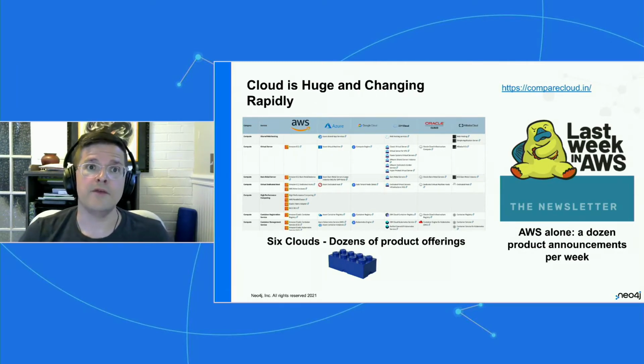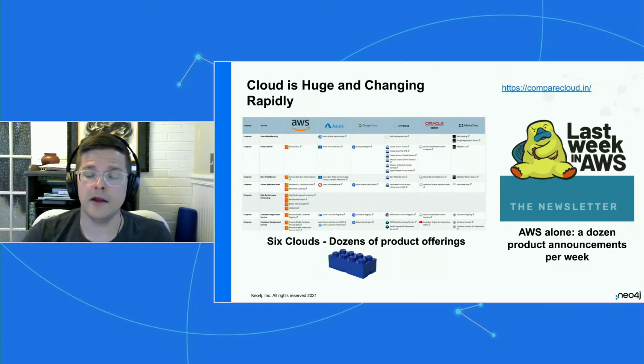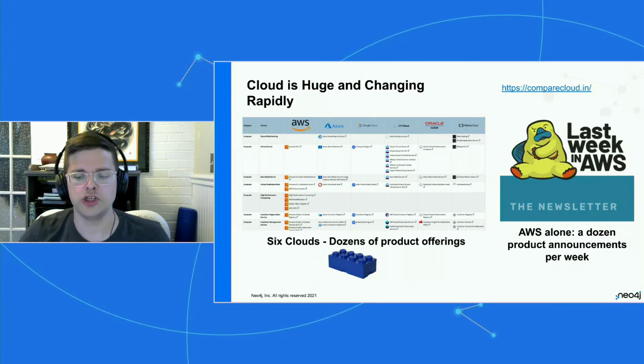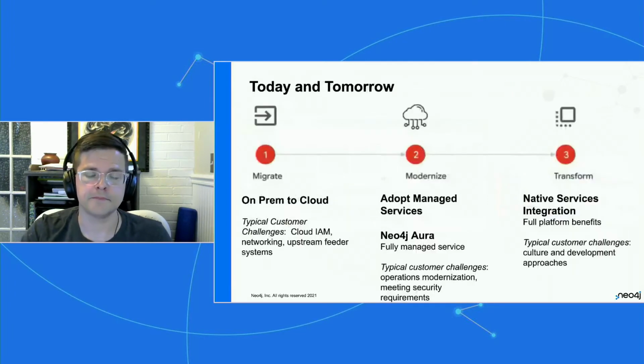If you're a cloud architect, you may already be subscribing to this newsletter called Last Week in AWS, and it's frankly mind blowing. They have a dozen product announcements per week, and honestly, the smartest architects out there cannot really keep up with what's going on. There's so much change happening in this space over time.